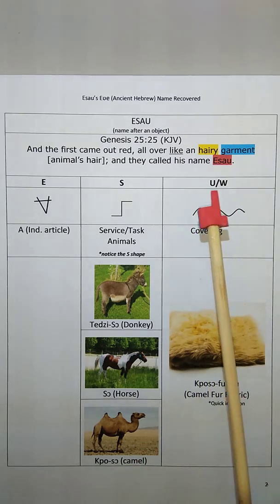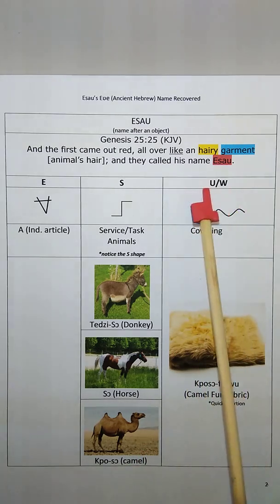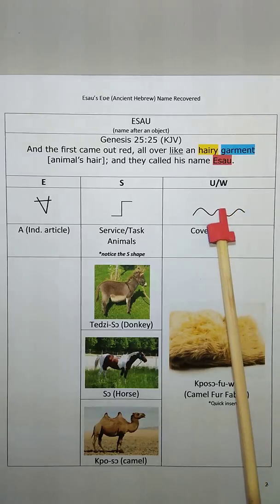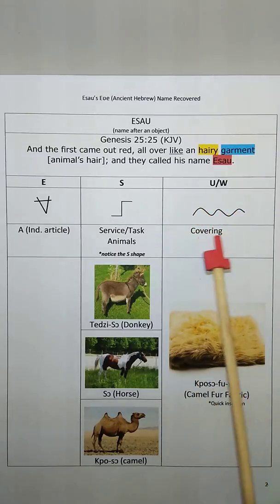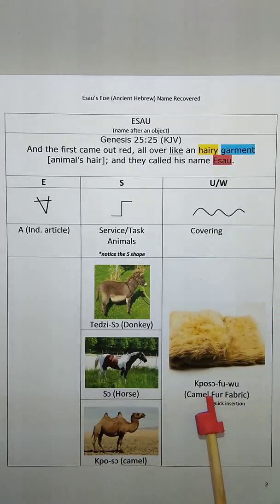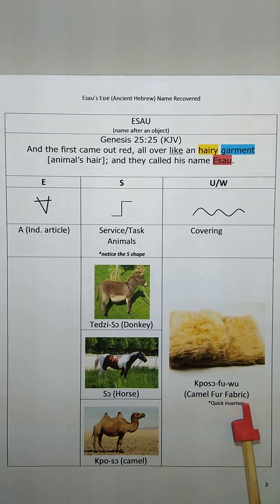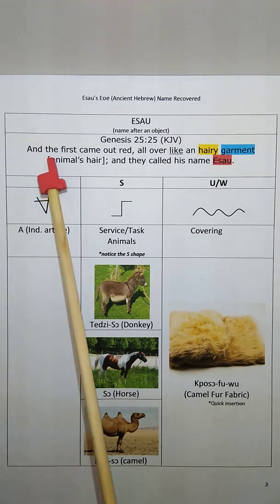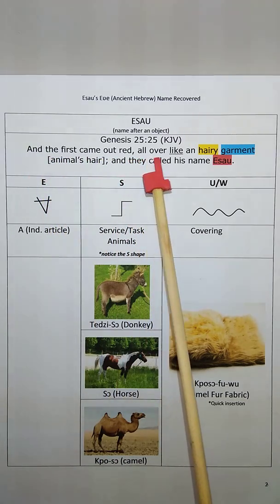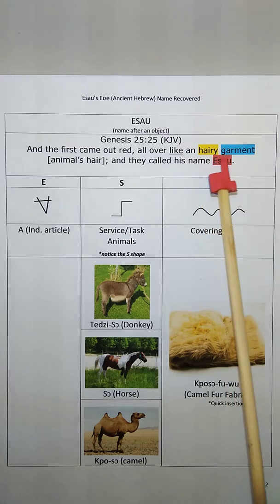And then the third syllable in Esau's name, the U or the Wu, is represented by this letter. It's a water symbol. It means a covering, and this is a Bosa or camel fur fabric. So as we read in Genesis, Esau came out like a hairy garment.